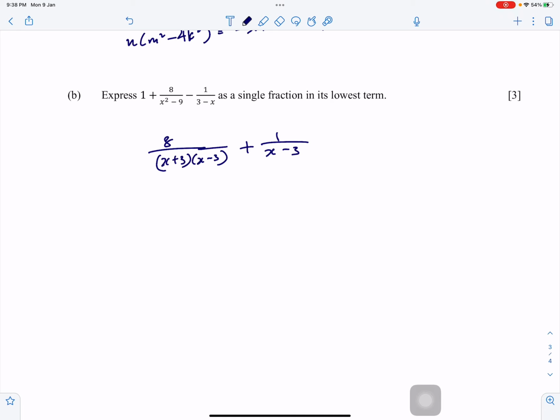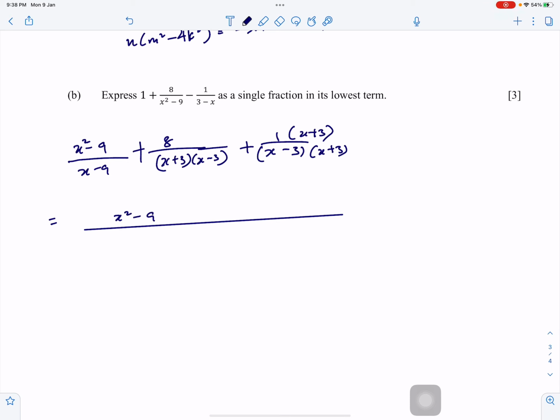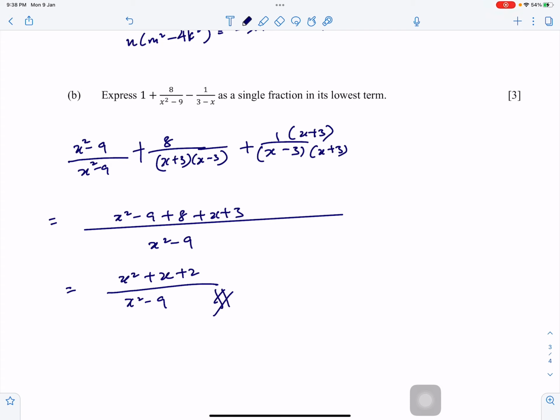And there you go, you got x squared minus 9 over x squared minus 9. That's question number 3b.